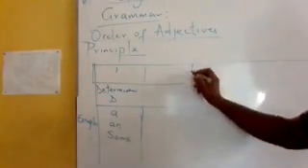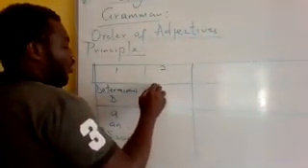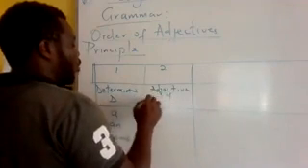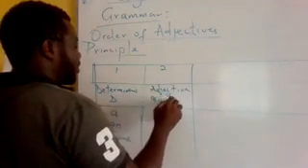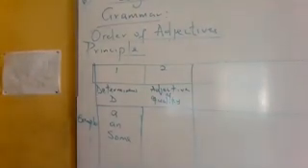Now, the next thing we have is adjective of quality. Now, what do we mean by quality? When you are trying to describe quality, what does quality mean to you?